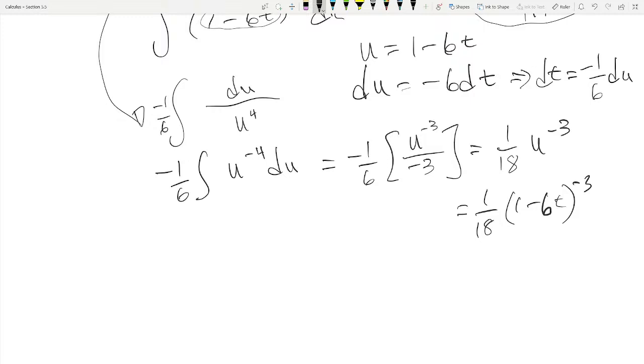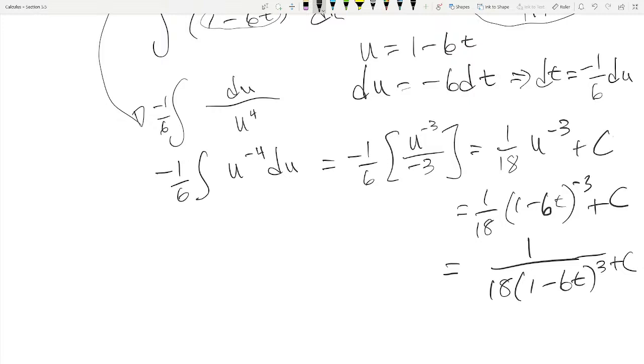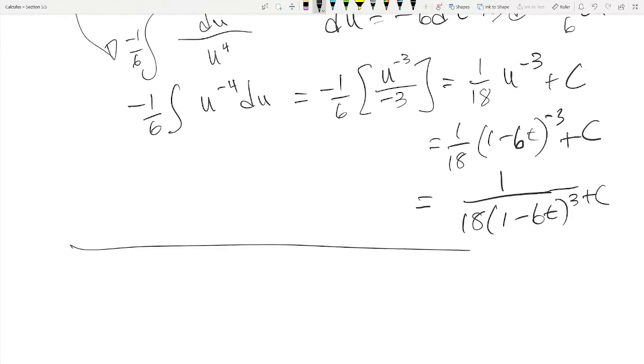And we don't usually like to write things with negative exponents, so let's write it now like 1 over 18 (1 minus 6t) cubed. Plus c. Forgot my plus c in there each stage. Okay, we'll go back. Put that in. Okay, moving along. Number 5.